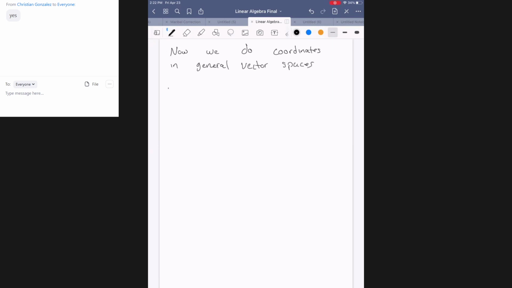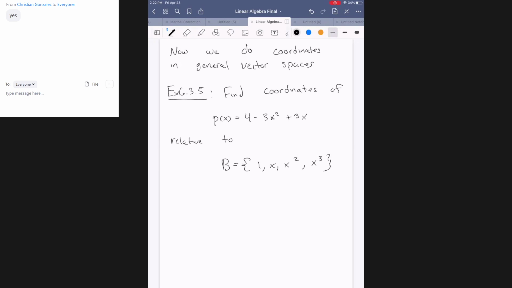For example, find the coordinates of the polynomial p of x equals 4 minus 3x squared plus 3x relative to the basis 1, x, x squared, and x cubed. Okay, so how would you do this?